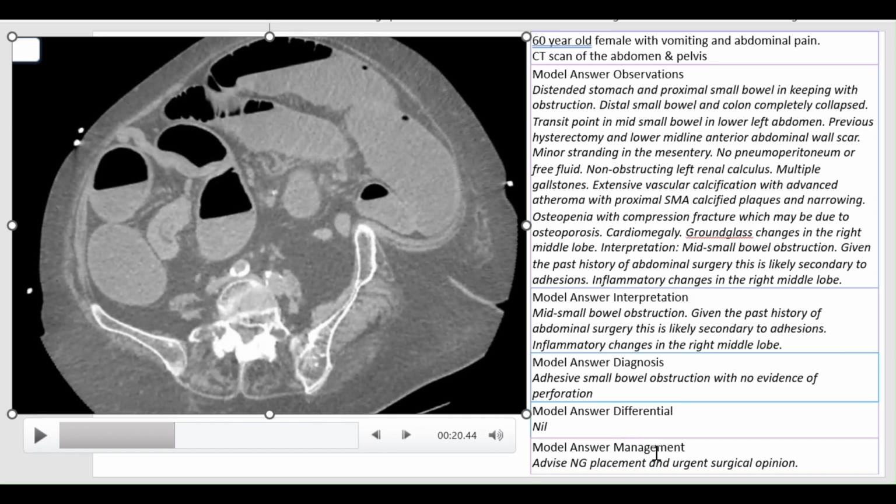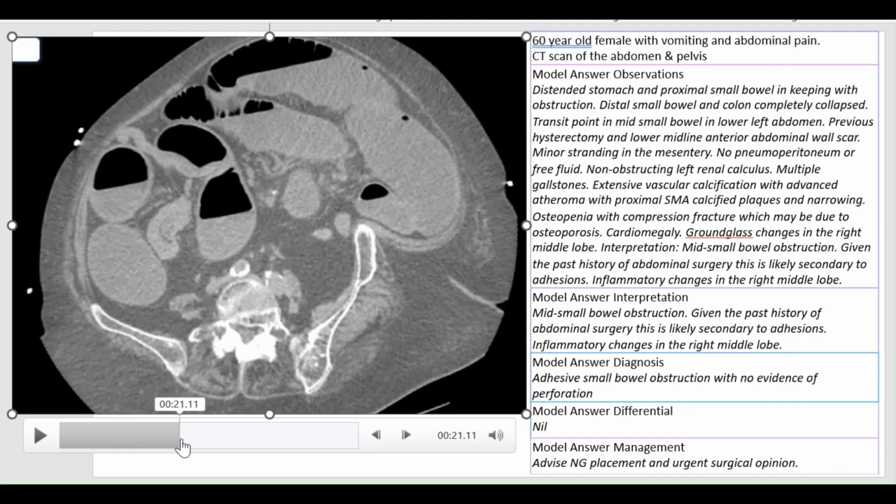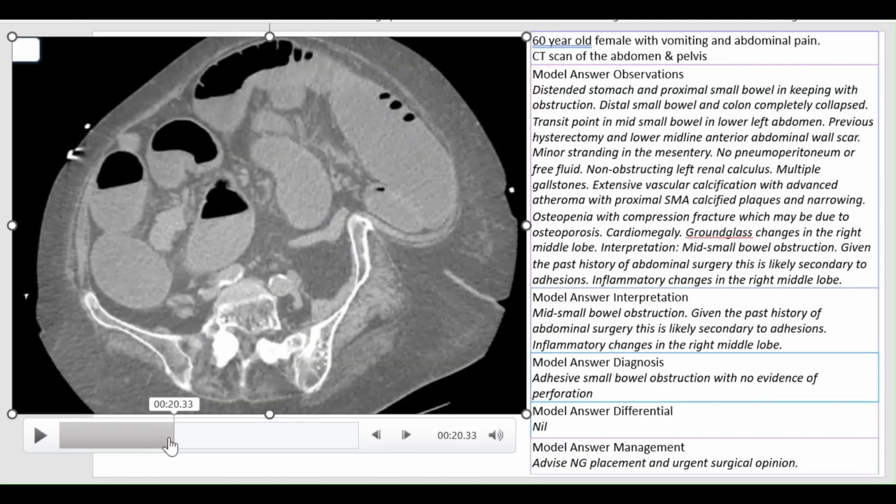The management here: there is no need for more radiological investigation. This patient needs to be referred to surgery. Urgent surgical referral is recommended here, along with urgent nasogastric tube placement to relieve the obstruction here.